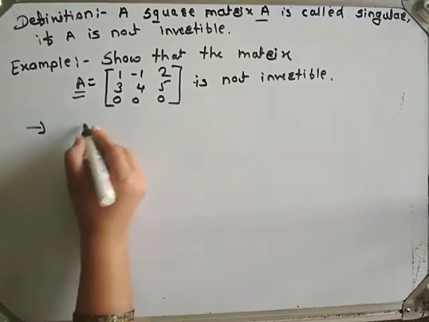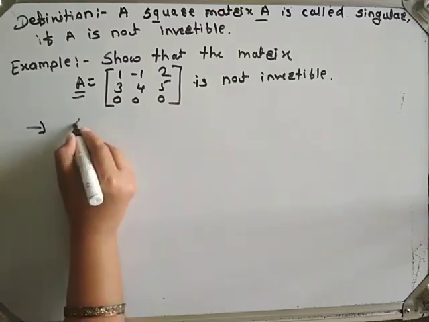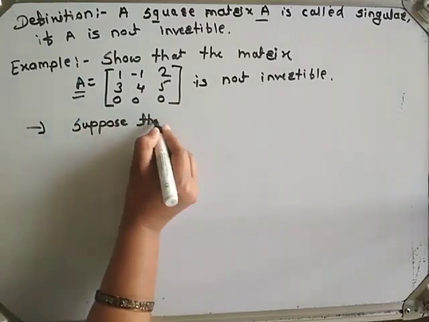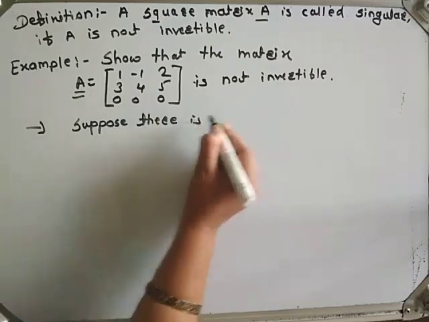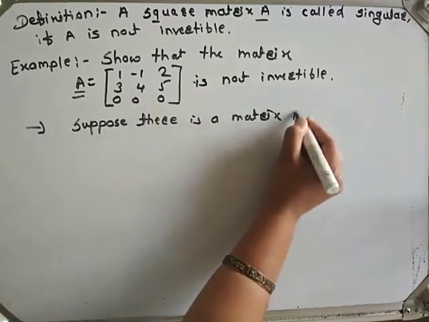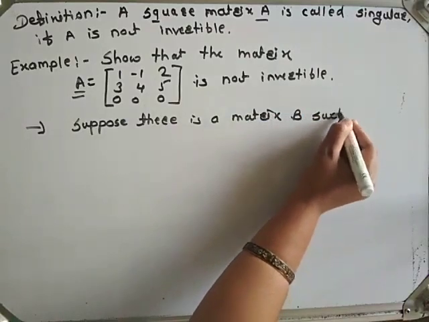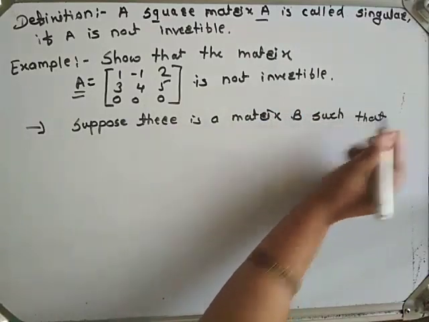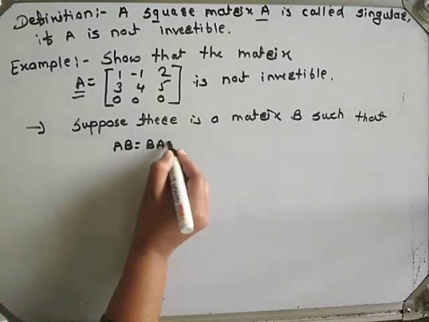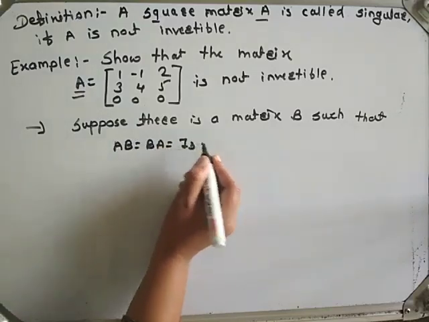Solution. Suppose there is a matrix B such that A into B is equal to B into A, which is equal to I3.